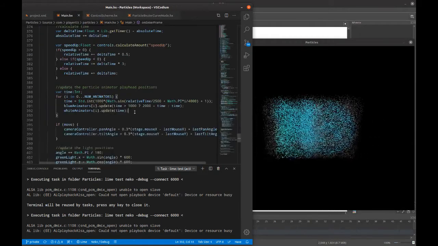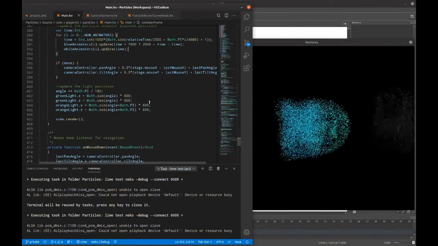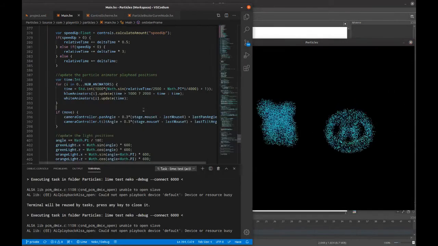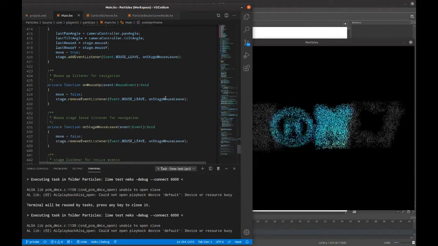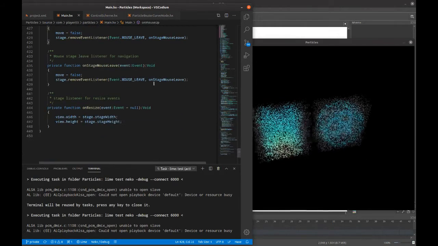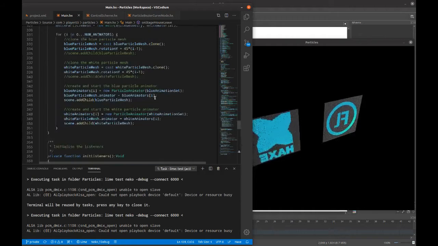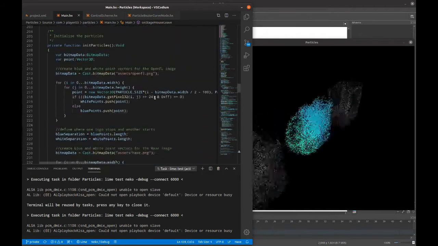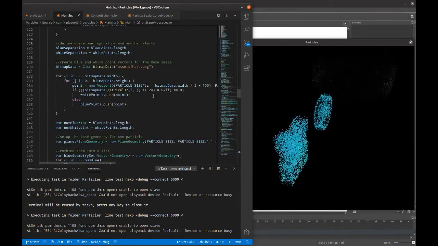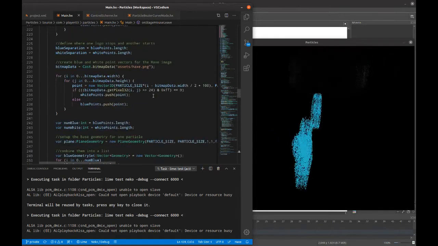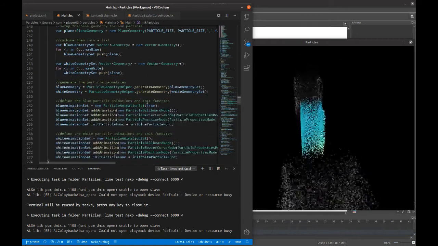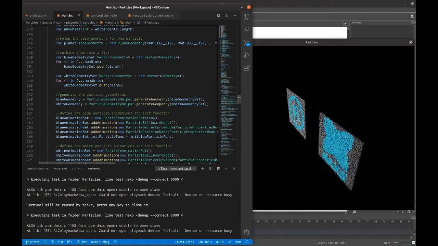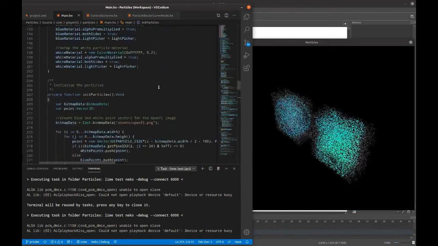Okay. Trying to find something in the code that is different between blue and white that makes blue not work but white work. Geometry. Is it the material?